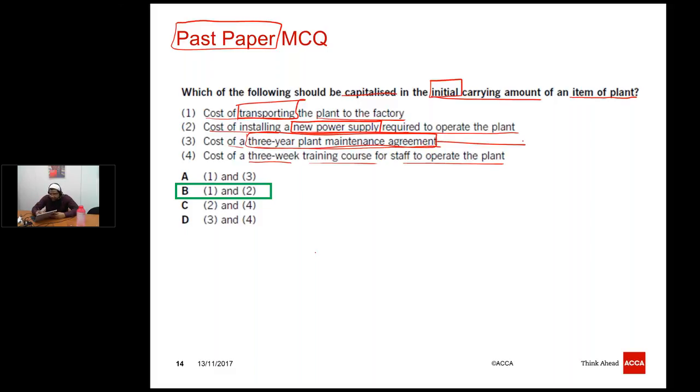This will be treated as a separate asset. The cost of this maintenance contract will be capitalized for 3 years and depreciated over 3 years, but it will not be a part of the plant. And training cost, as we have already discussed, is not capitalized. Thank you, Ayaz.